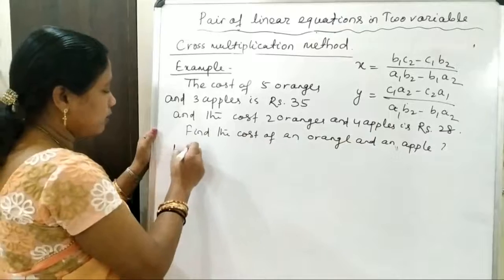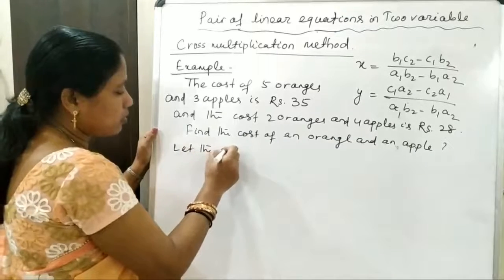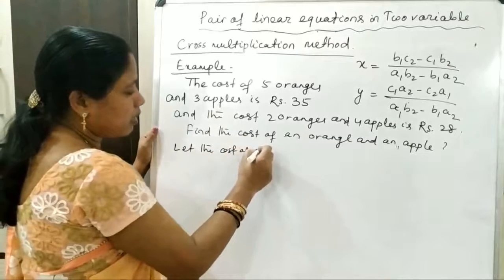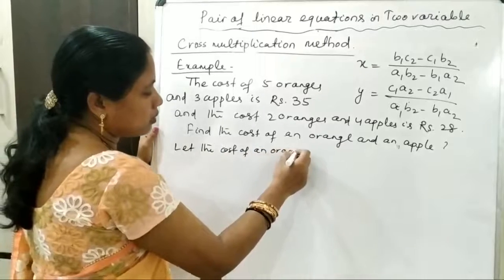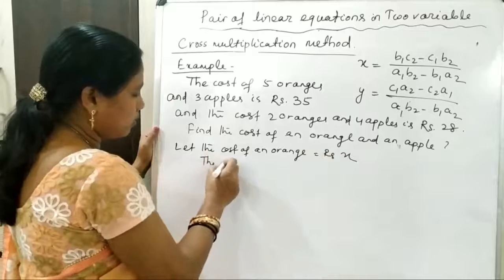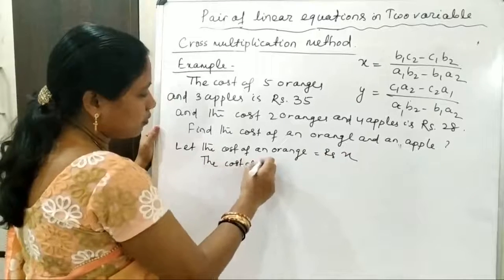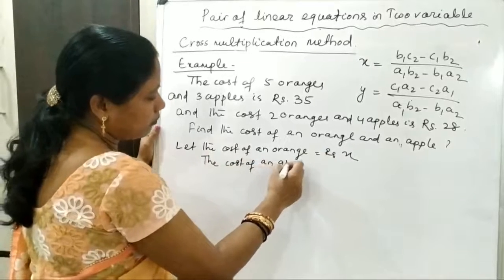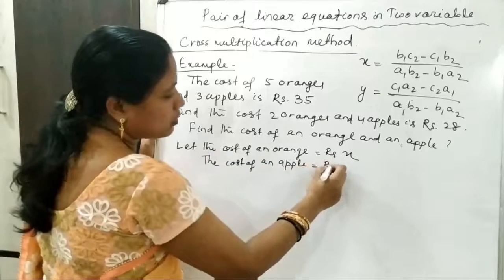So let the cost of an orange be rupees x and the cost of an apple be rupees y.